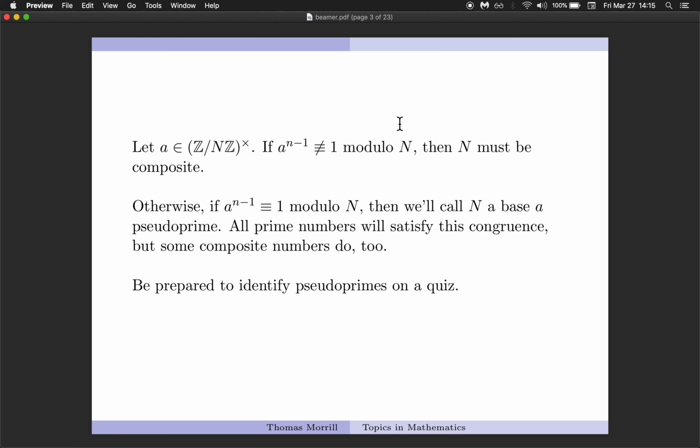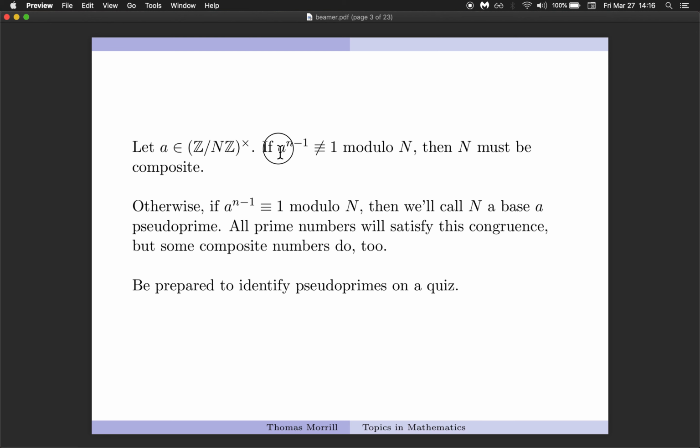So we want n to be a prime number. One of the ways we can detect that is by checking that Fermat's little theorem actually works. And I see already a typo in here. These should be capital N's in my exponents. Sorry about that. That will be corrected on the slides I post to the website.